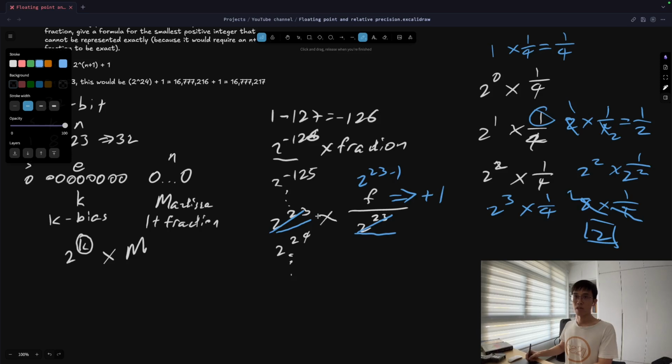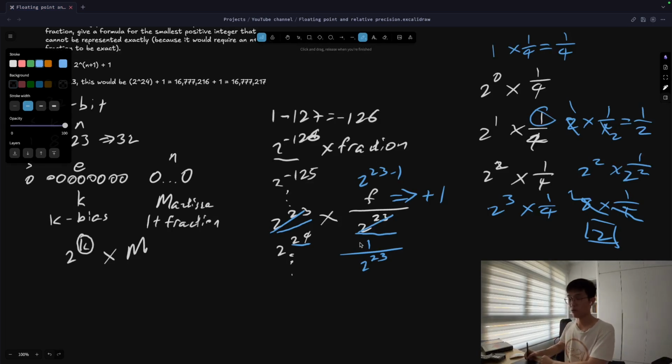And the value of the exponent will bump up by 1 as well, which means it's 2 to the power of 24. And this is essentially 1 over 2 to the 23. And if we cancel this out, this is essentially 2 to the 23.